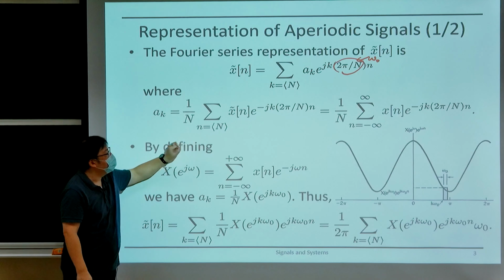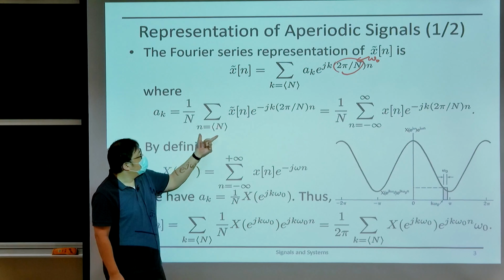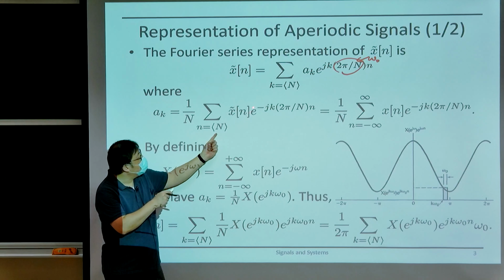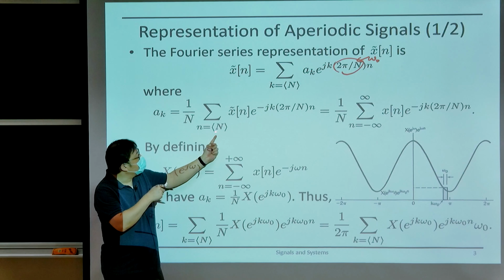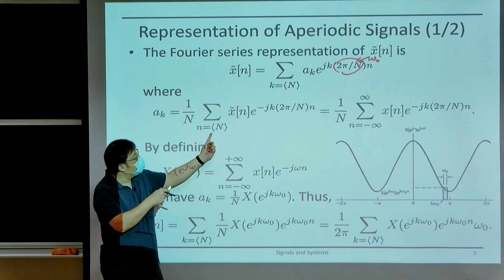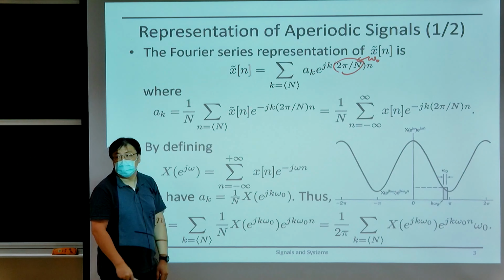All right. Now, here we're summing over capital N samples, x tilde times e to the minus jk 2 pi over capital N n. Okay. Now, when you're summing only over one period, right, you could have replaced x tilde of n with x of n, right? Because x of n is exactly one period of x tilde, okay?